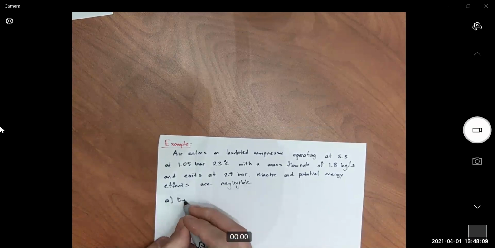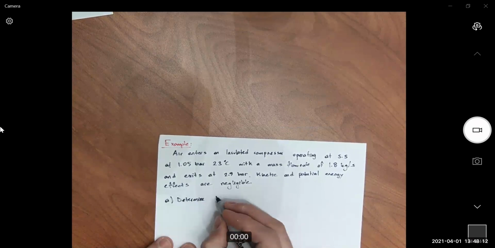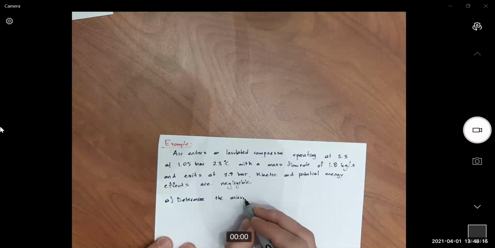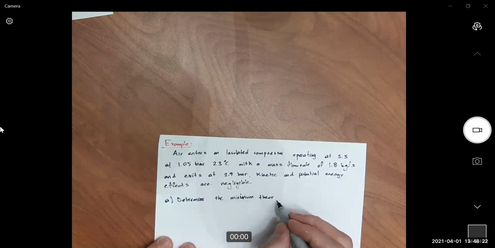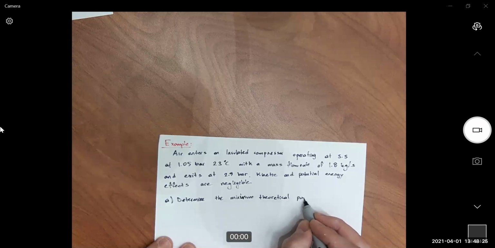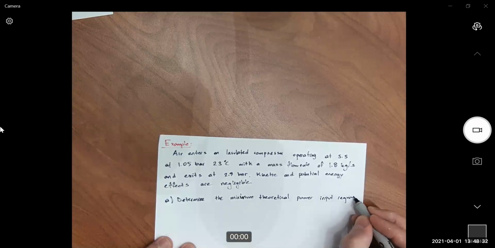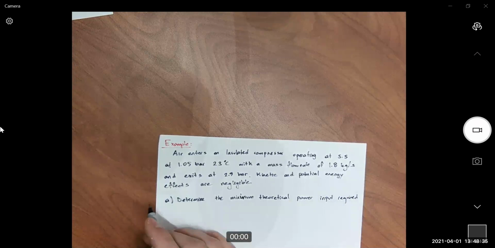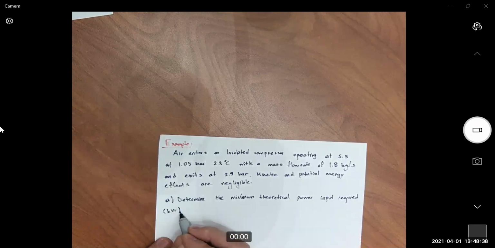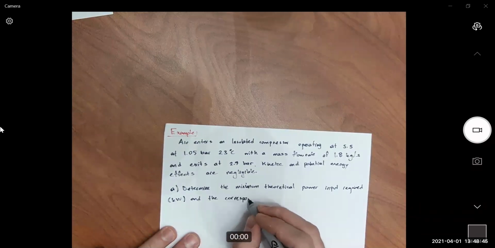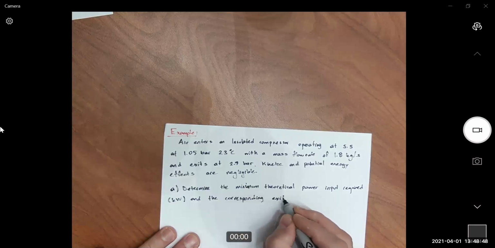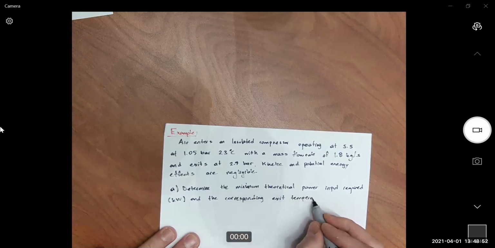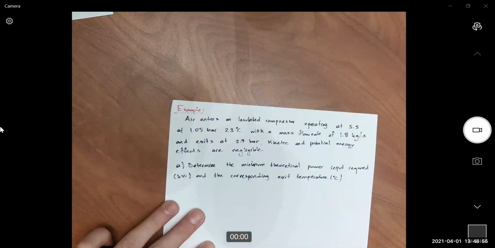A, determine the minimum theoretical power input required for the pump, or compressor in this case, to operate in kilowatts, and the corresponding exit temperature in Celsius.